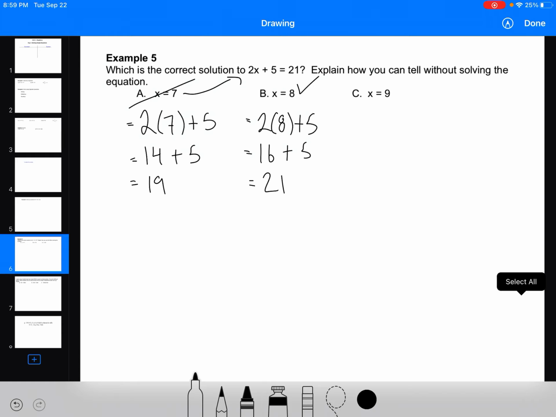So that one is right, but we could just double check and make sure that our math wasn't wrong there and do this last one. So we've got that, and we get 23. So that one's wrong. Therefore, our answer is x equals 8.